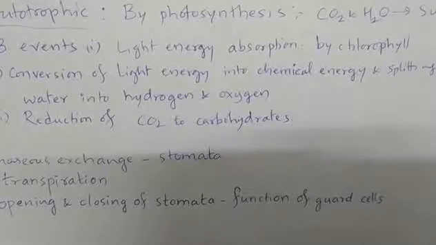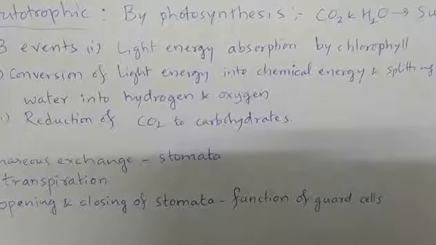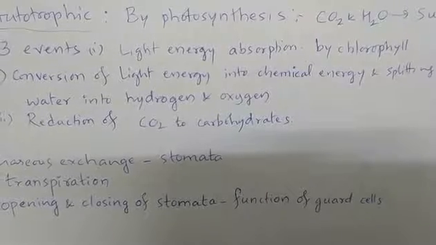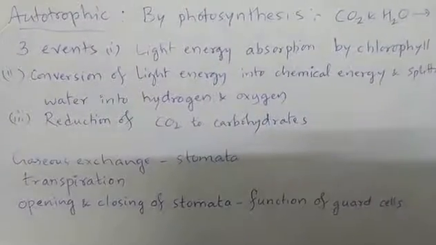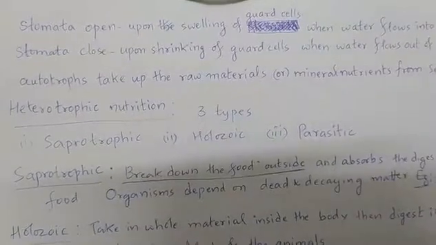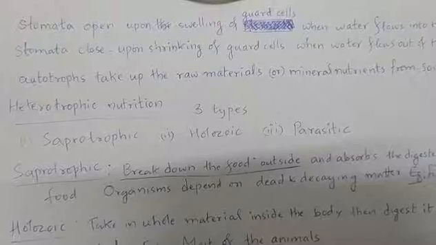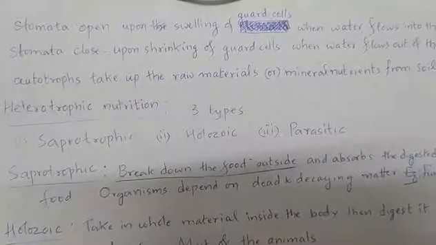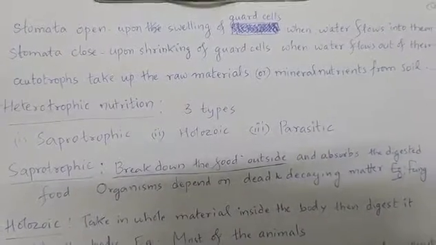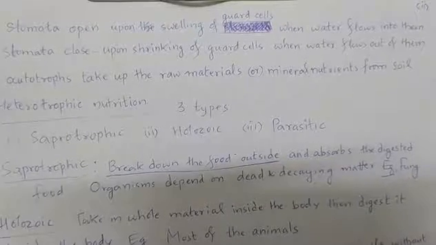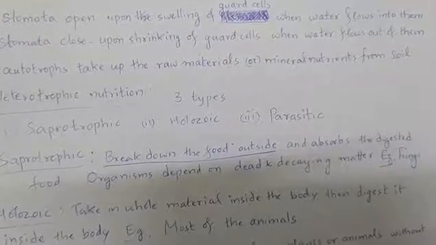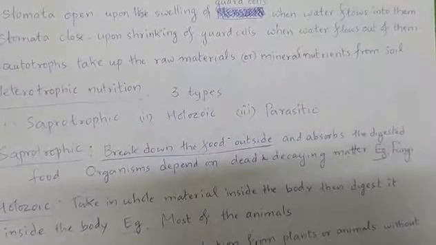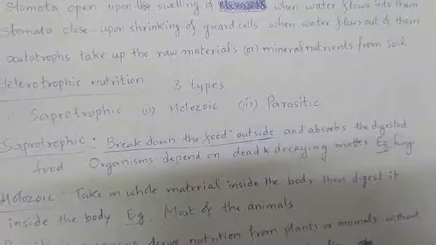The opening and closing of stomata is a function of guard cells only, not of companion cells. Stomata open upon swelling of guard cells when water flows into guard cells. Stomata close upon shrinking of guard cells when water flows out of the guard cells.